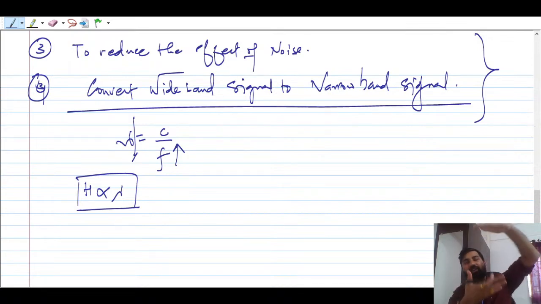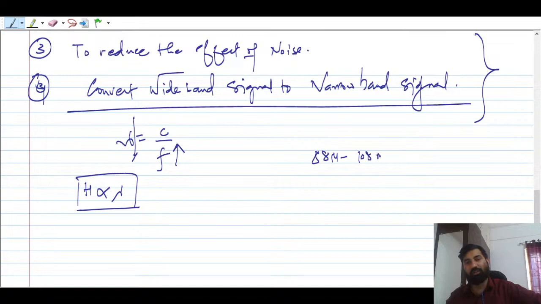The dimension, or height, of the antenna is measured in terms of wavelength. So here the height can be as minimum as possible. If you talk about FM, 88 megahertz to 108 megahertz, the frequency is pretty high here.